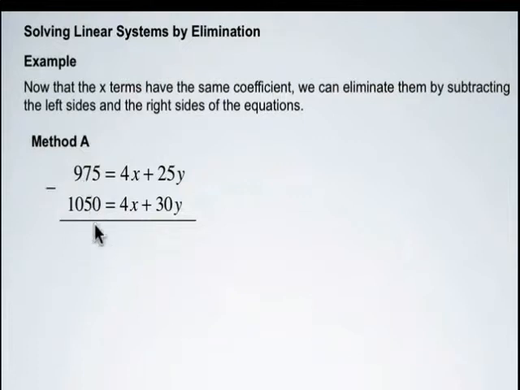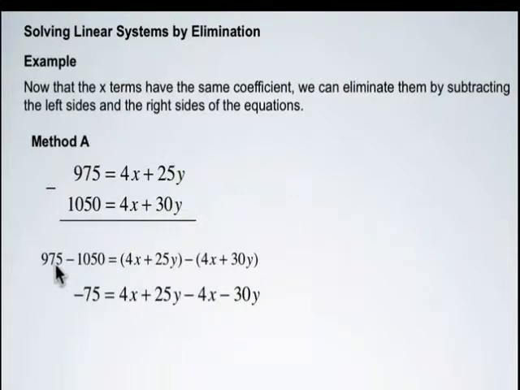And when we do that, we can look at this as 975 minus 1050. And that's going to be the left side of our equation. The right side of the equation is going to be, we're going to subtract these, so it's going to be 4x plus 25y minus, and we have to use brackets here, 4x plus 30y. So now we're subtracting the left sides of the equations, and we're subtracting the right sides of the equations.